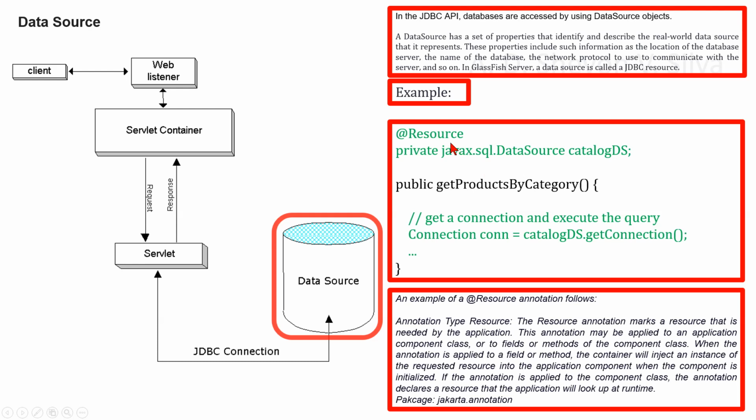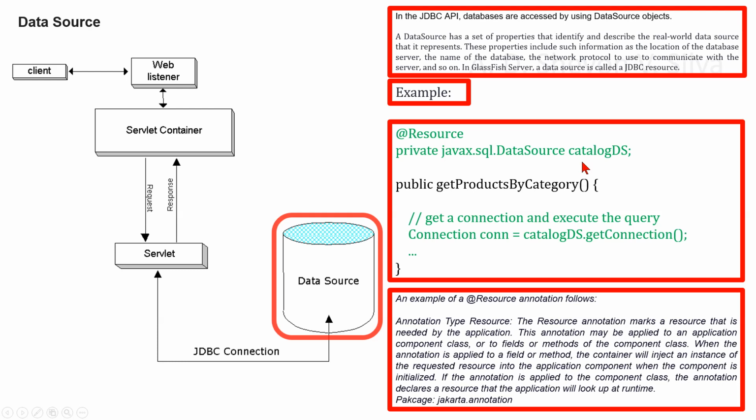In this example code, a servlet, a filter, or a listener declares a field catalogDS of type javax.sql.DataSource, for which the reference to the data source is injected by the container prior to the component being made available to the application.